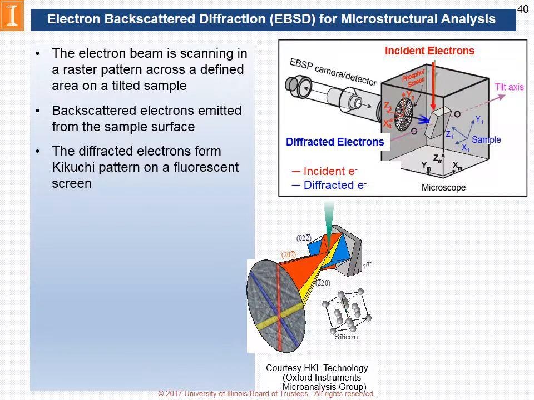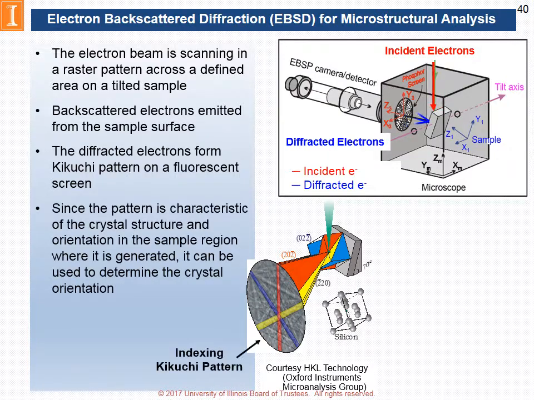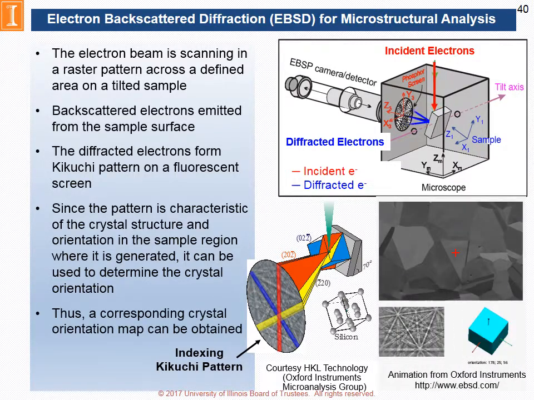The diffracted electrons will form a Kikuchi pattern on a fluorescent screen. Since the pattern is characteristic of the crystal structure and orientation in the sample region where it is generated, the pattern can be used to determine the crystal orientation. Therefore, we are able to get a corresponding crystal orientation map.